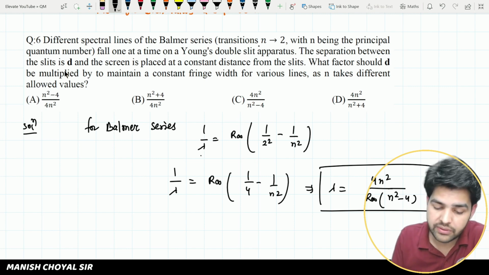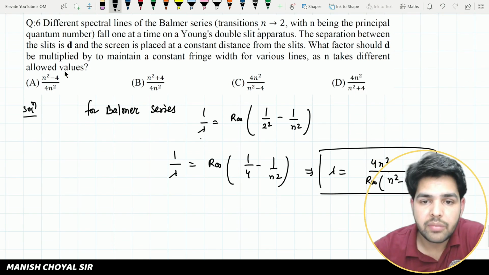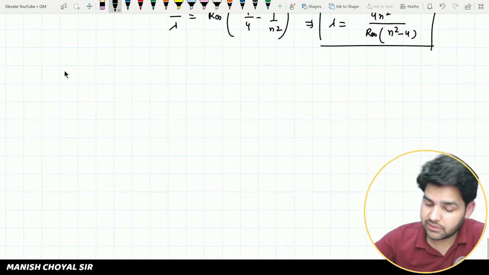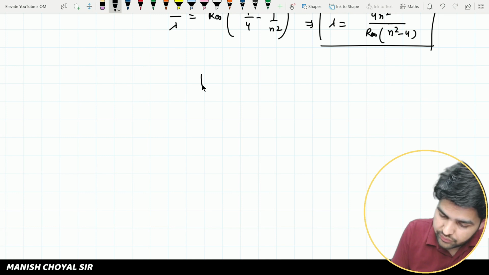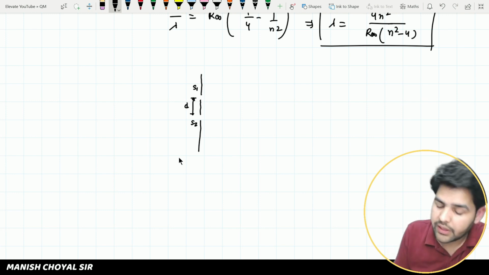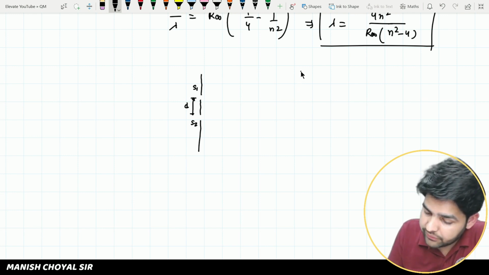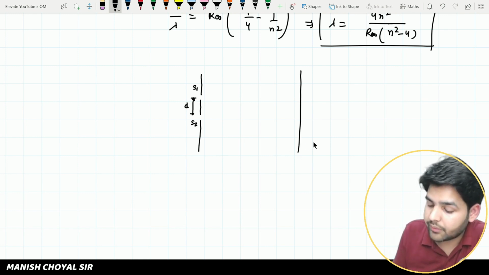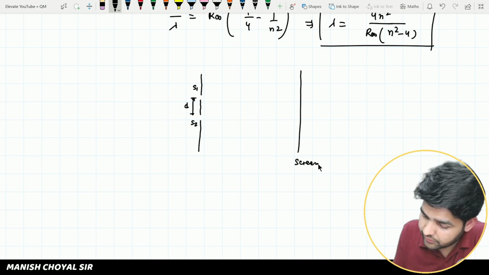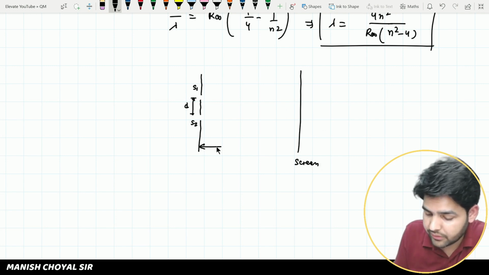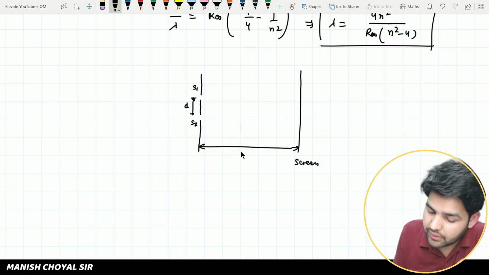So we can make the apparatus: these are the slits, S1 and S2. The distance between the two slits is small d, and the distance between the slits and the screen, where we observe some pattern, is capital D, and in this case it is constant.